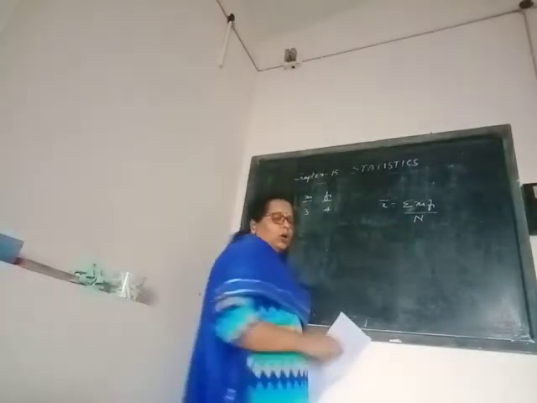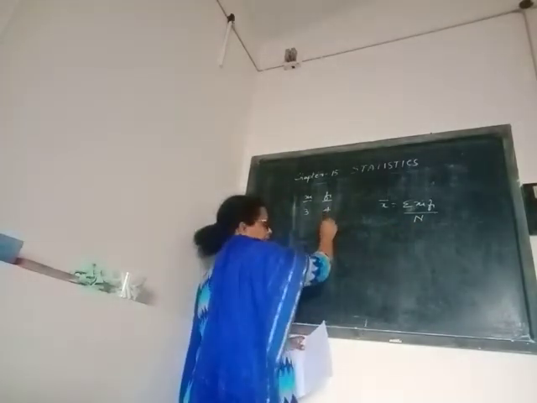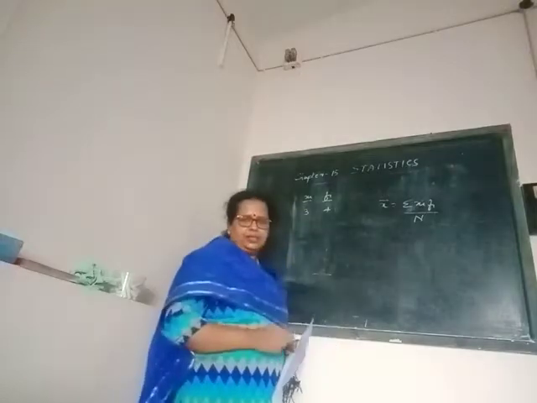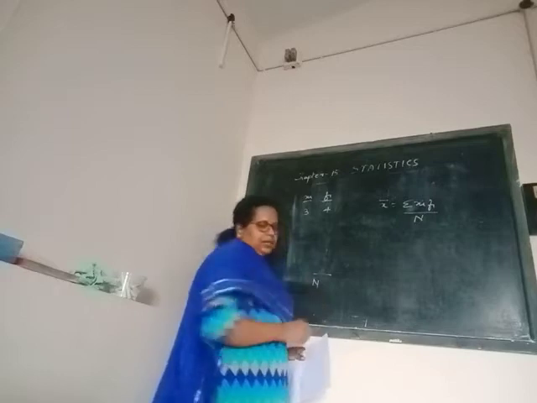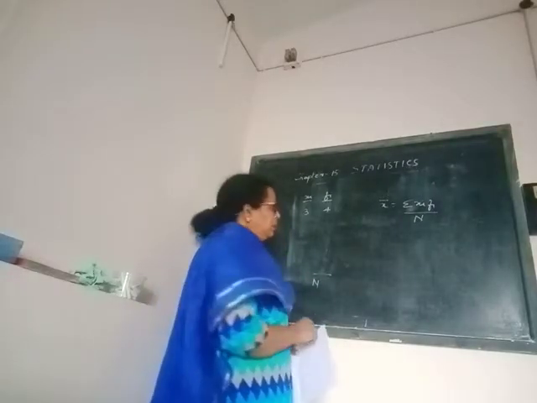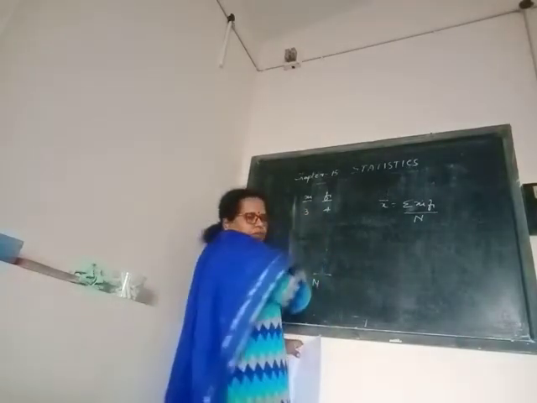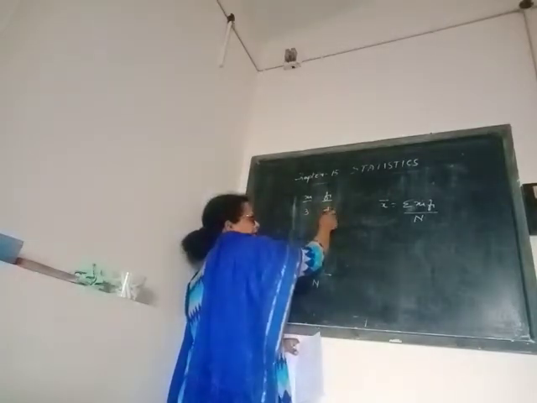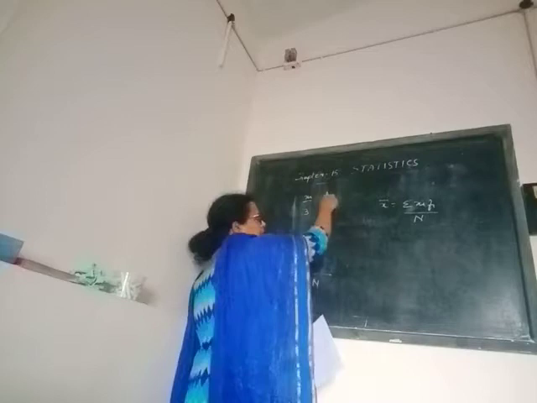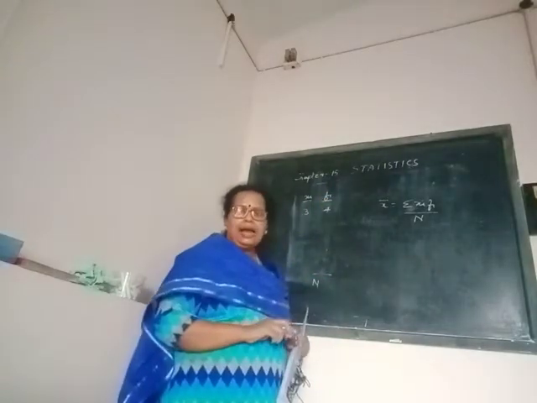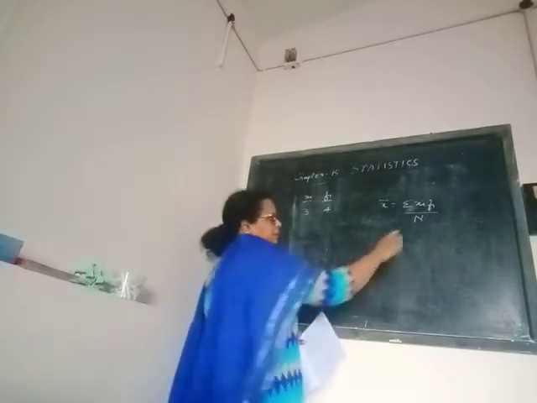But here the total number of observations we will get by adding the frequencies. Don't count the xi observations, because frequency is telling how many times each observation is occurring. So total observations we will get only by adding the frequencies.